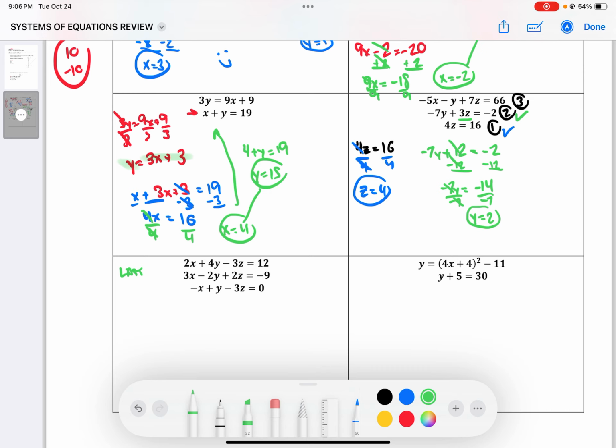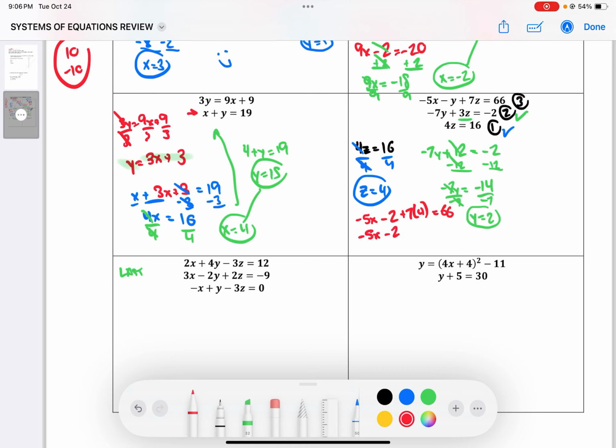Now I take both variables that I understand and I put them into the equation with 3 variables and I attempt to solve for x, which I will do in red. So negative 5x minus y, which is 2, plus 7z equals 66. All right, let's combine like terms. 7 times 4 is 28, and 28 minus 2 is 26.